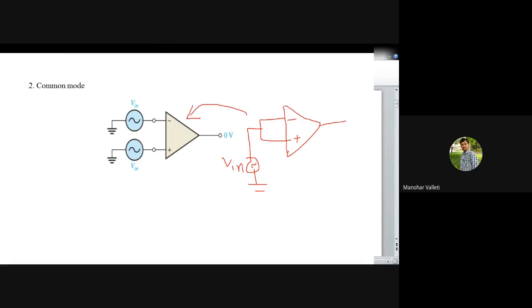So these two are the same. Whatever input is applied at the inverting input and whatever input is applied at the non-inverting input, if both are in phase, then we can say that the operational amplifier is operating in common mode. These are the different modes of operation of the operational amplifier. One is differential mode, one is common mode.